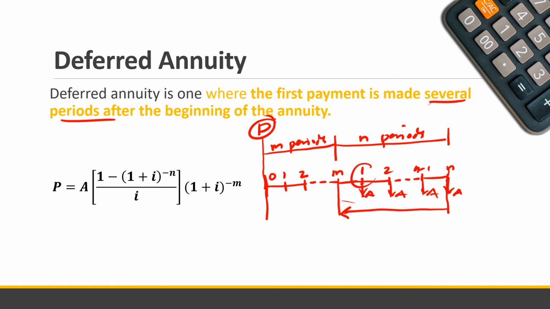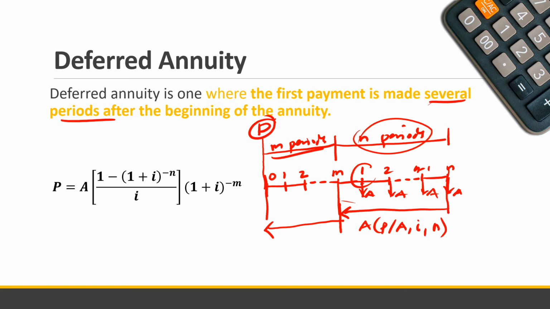So under end periods, this is an ordinary annuity. So finding P given A, I, and N end periods, and once you have a value here, you move it up to the 0 of the M period.